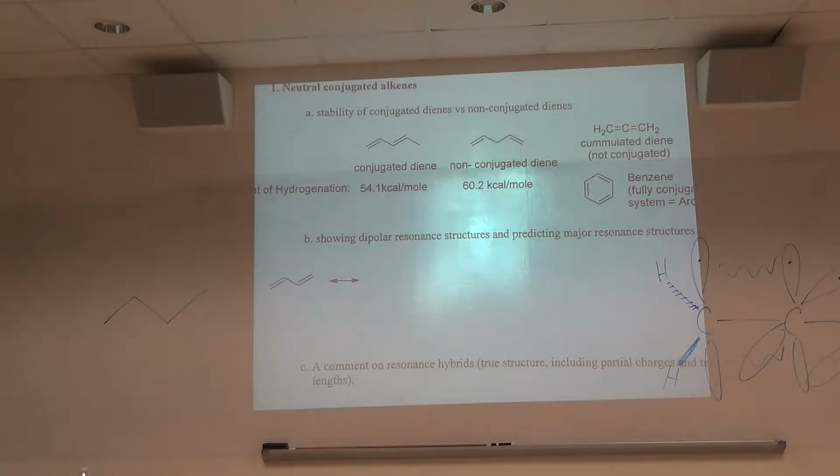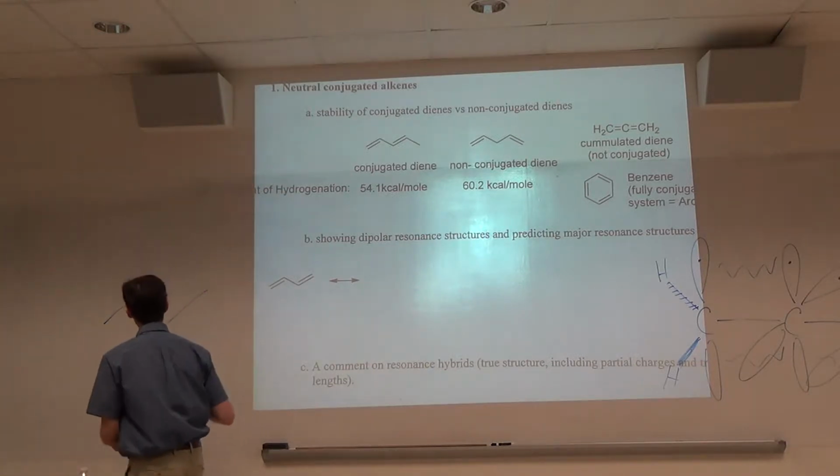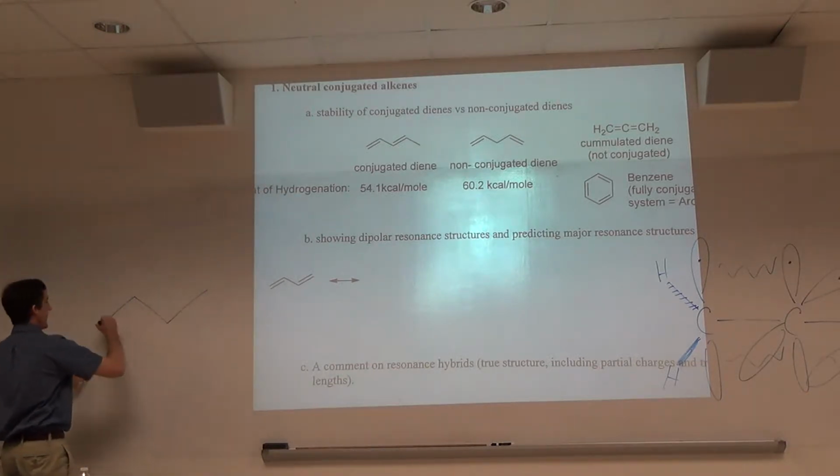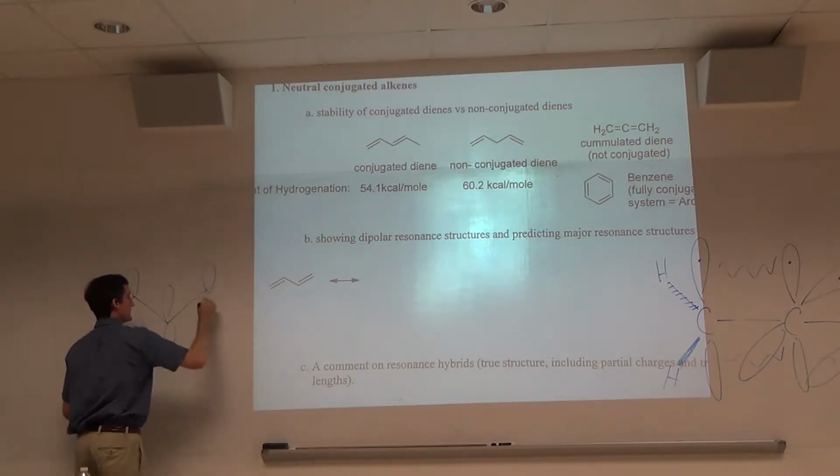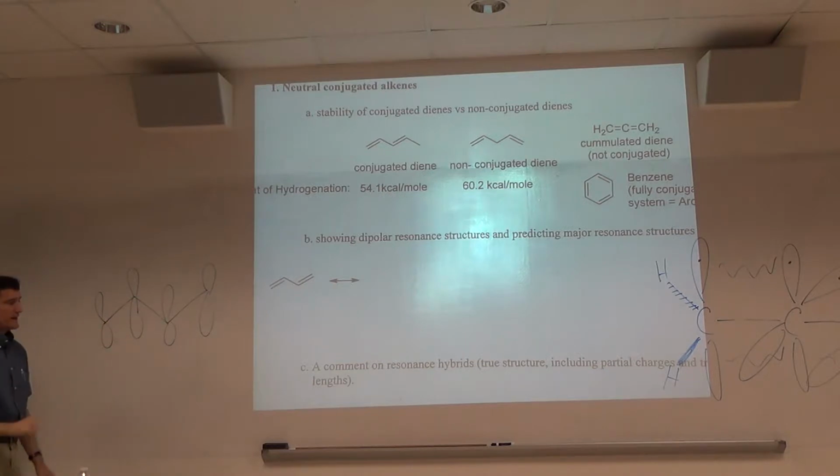But how do we do this on the board? Okay, well, one thing I want to show you is, really, whenever you do your so-called resonance structures, you've got your pi system up there. And really, put your 4 electrons in. And you can put them in any way you want. And everywhere you put them in, that's just going to be a different so-called resonance structure.